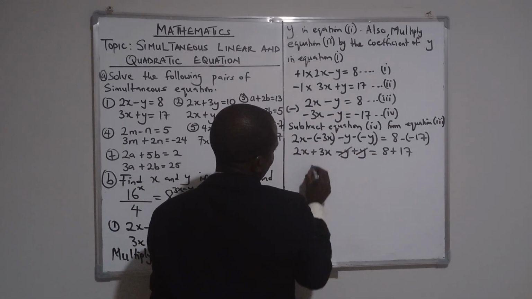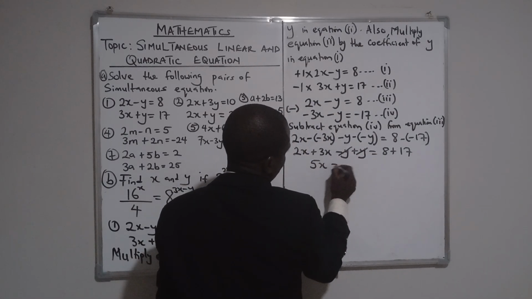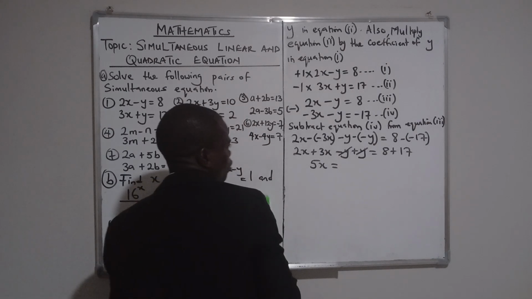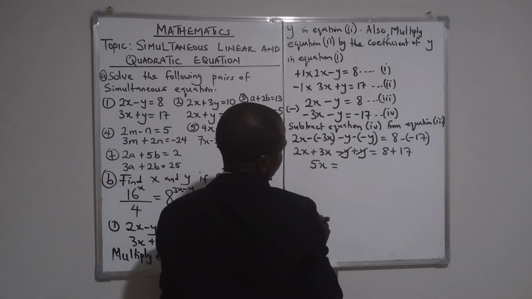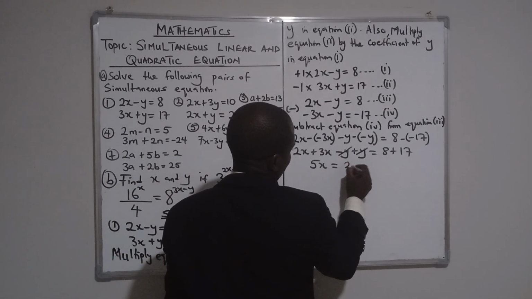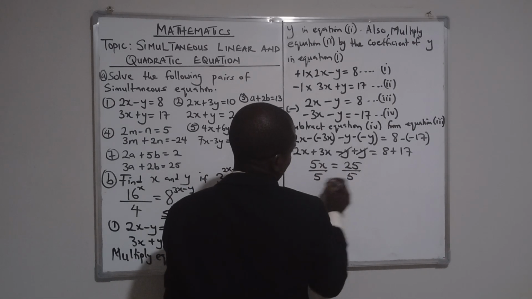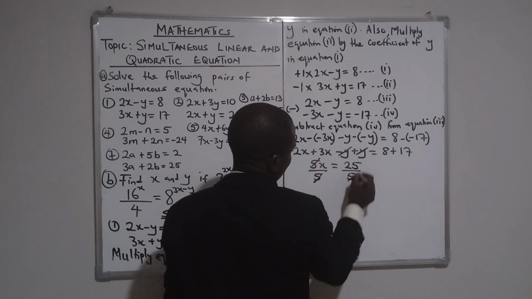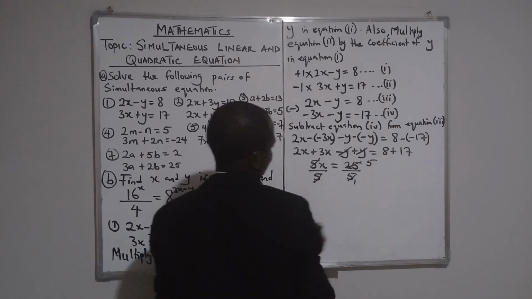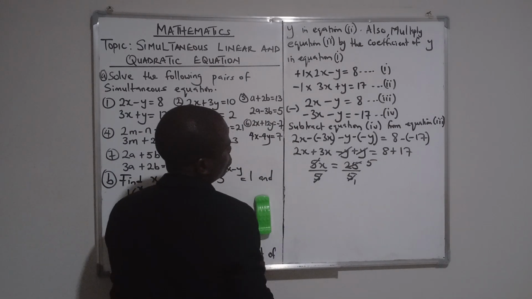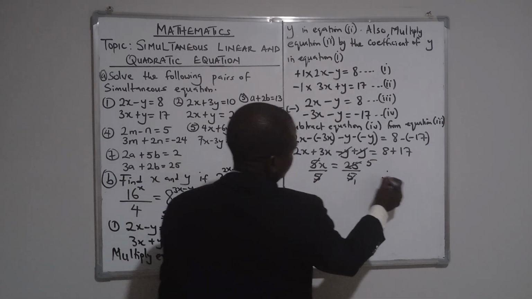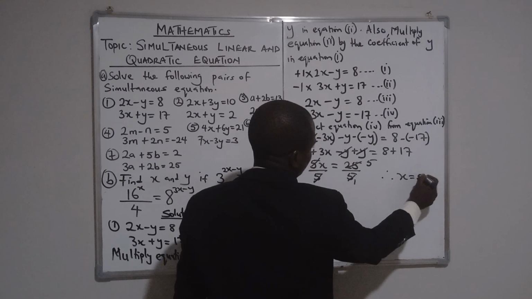This will cancel out. You have 5x equals 25. Divide both sides by 5. Therefore, our x equals 5.